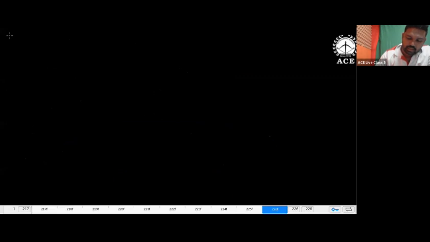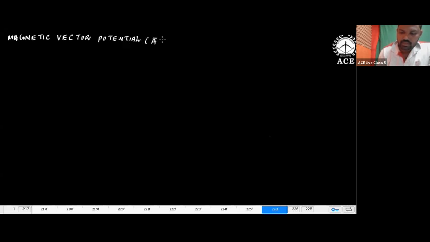So here it is, magnetic vector potential. It is represented with A. Units are Weber per meter square.